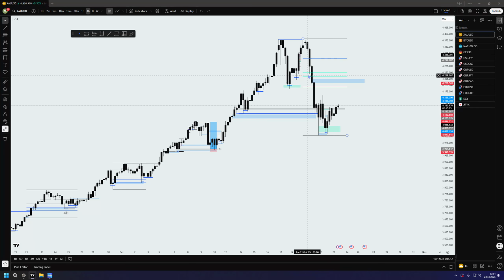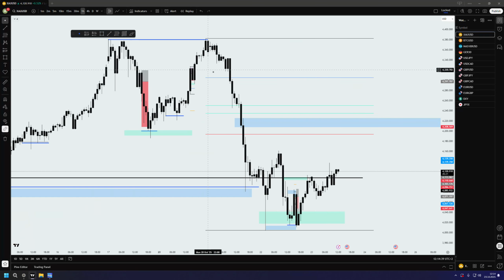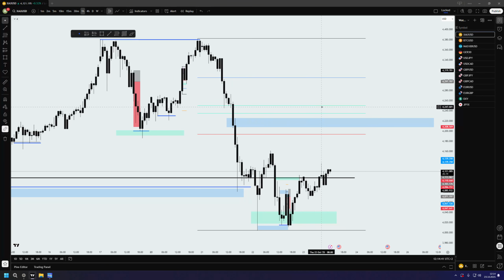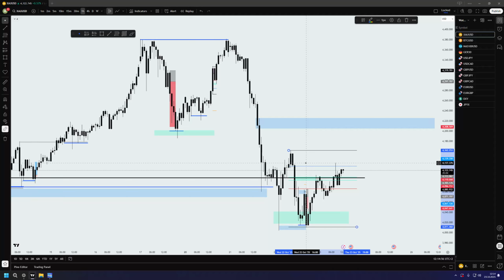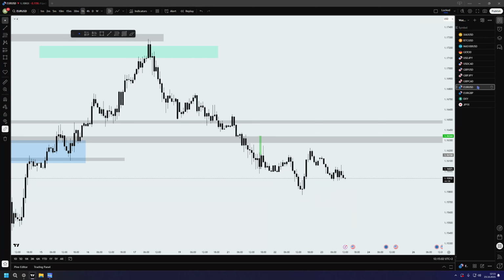OT, which there is nothing here, and there is nothing here. But we would basically measure this whole range, whole move, or just this. But to me, it doesn't really look convincing now. It looks like it wants to go up too.